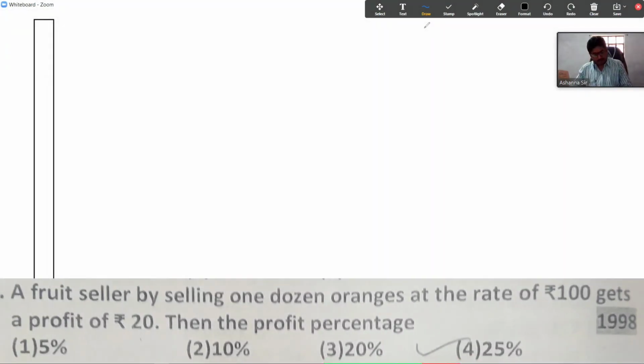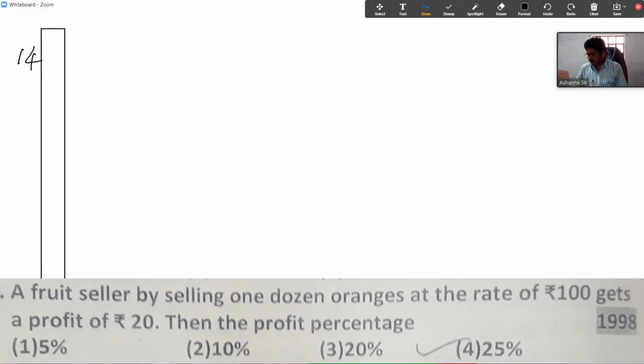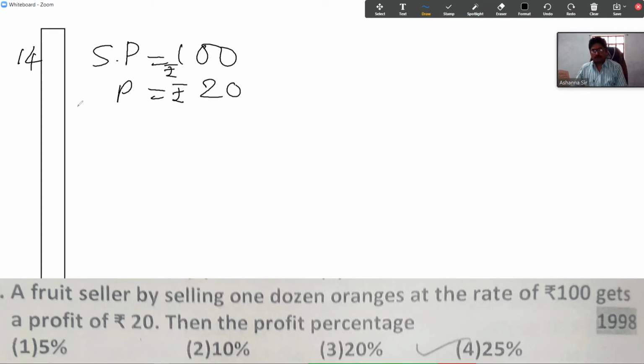Question number 14. A fruit seller sells 1 dozen oranges at the rate of 100 rupees. Here selling price is 100 rupees, profit 20 rupees.